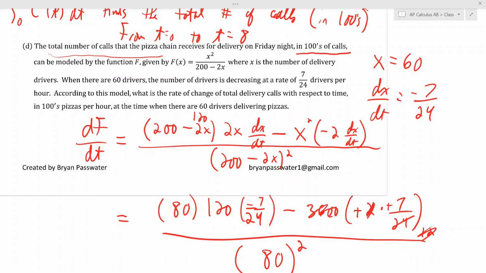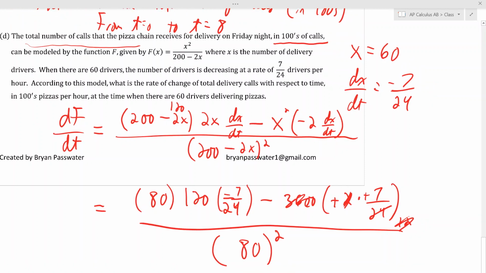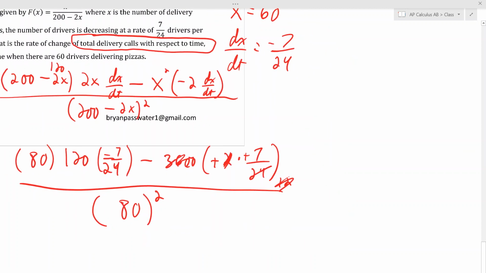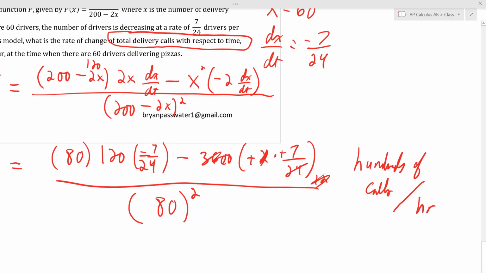Cool. So this is just hundreds of calls per hour, okay? They tell us in the question. I don't know if you guys don't want to answer me. I thought maybe someone would speak to me, but that's going to be hundreds of calls per hour. Okay.